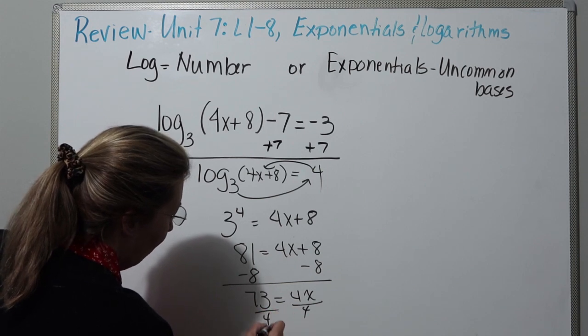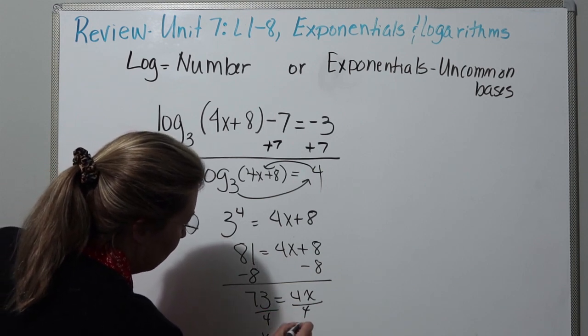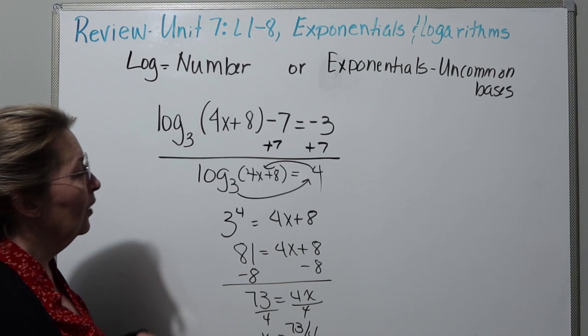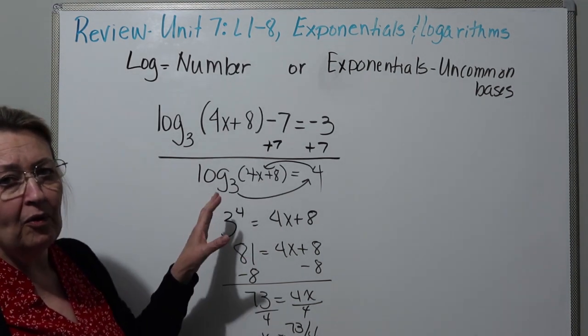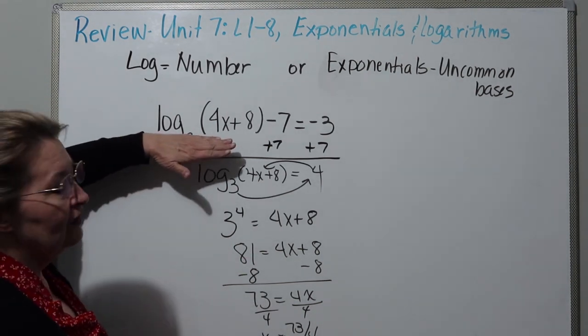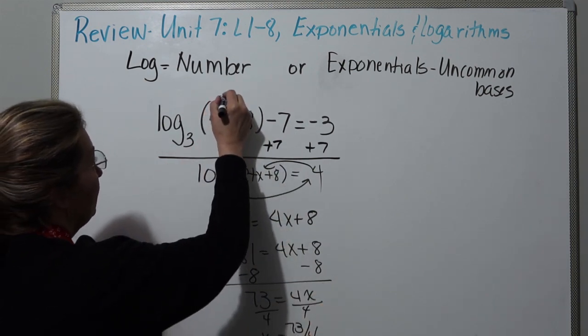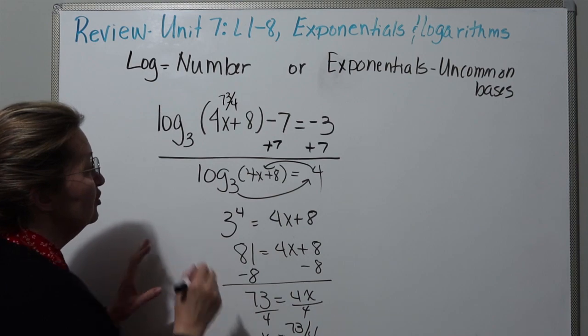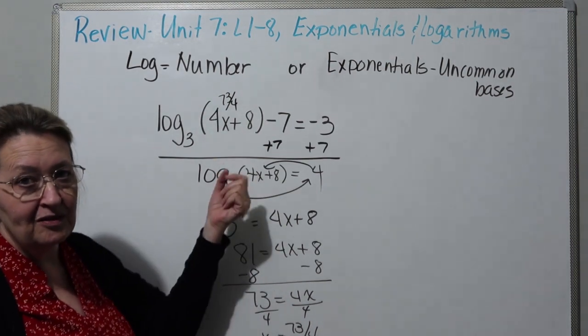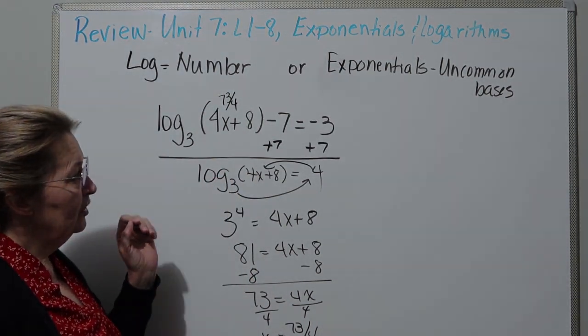Divide both sides by 4. So x is equal to 73 over 4. And any problem that has a log in the original, you need to place this answer back up in here, and you need to check it to be sure that it's not extraneous, that it doesn't make a negative. So, and we're good here.